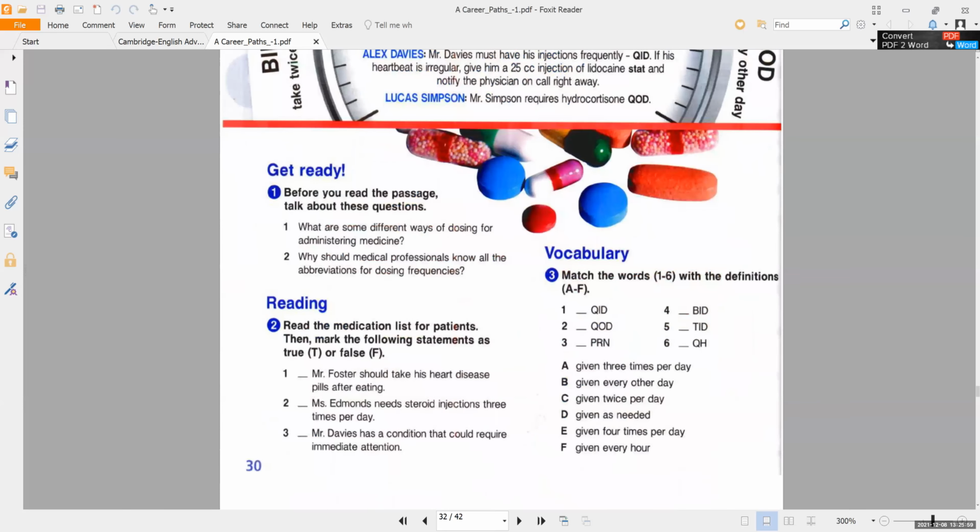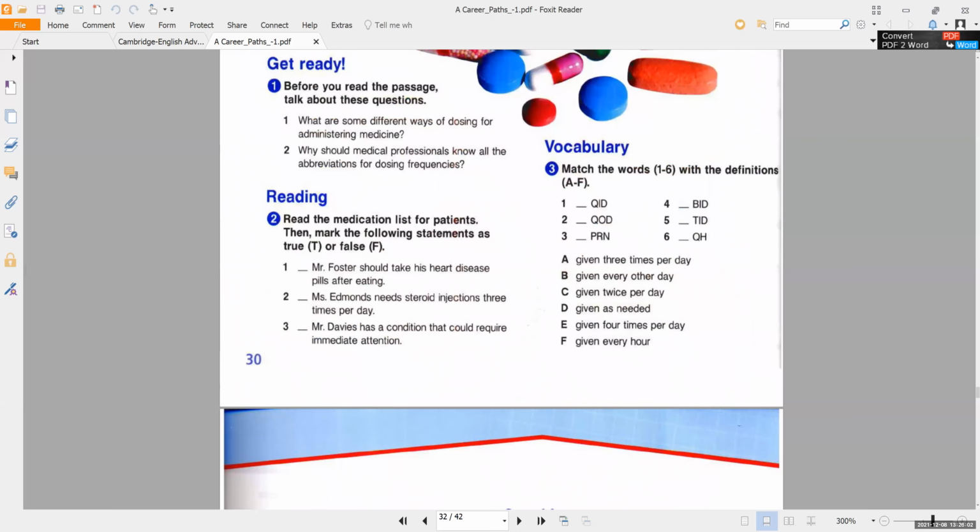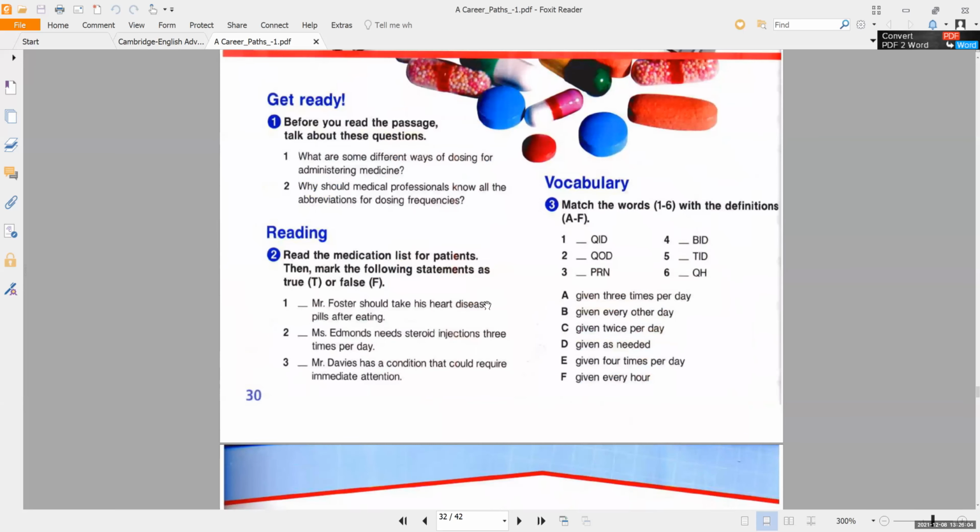Okay, so for question 1, Mr. Foster should take his heart disease pills after eating. So is that true or false? So this is true. Yes, he should take his heart disease pills after eating.